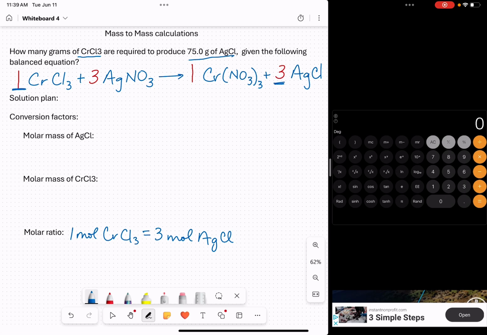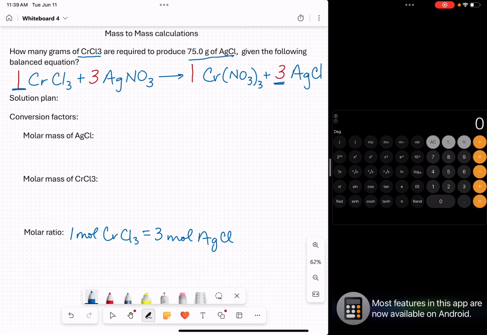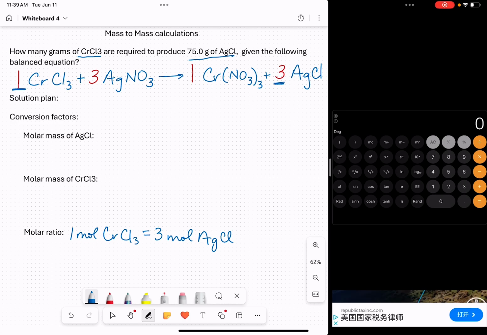And that's sort of the middle of the calculation. We can't do anything without converting from moles to moles. So that's the foundation of the calculation. The other things that we're going to need are the molar mass of silver chloride and the molar mass of chromium 3 chloride, because when we start with the grams of one substance, so we're starting with the grams of silver chloride, we first have to convert to moles of that substance.